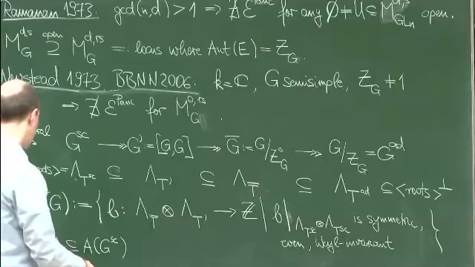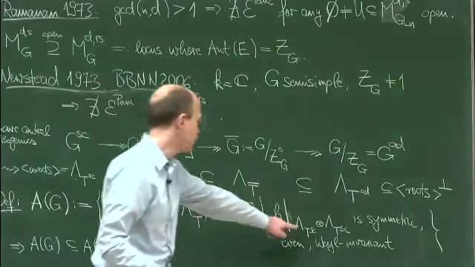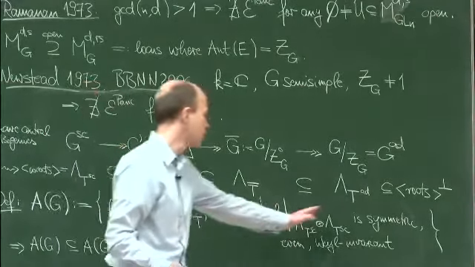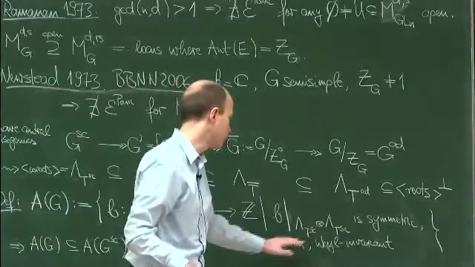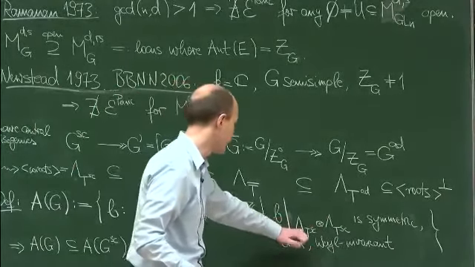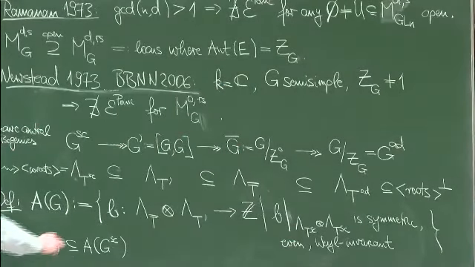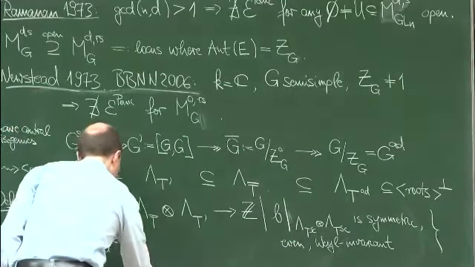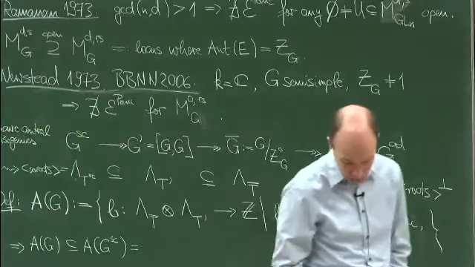Because if you replace G by that one, then all these lattices get replaced by that one. So the condition is only that you have a symmetric even Weil invariant bilinear form on this smallest lattice, this co-root lattice. And these ones are known very explicitly.